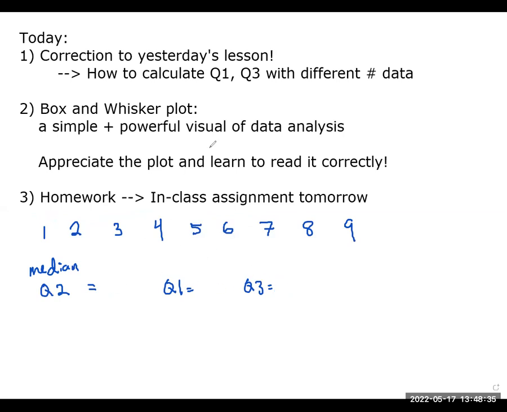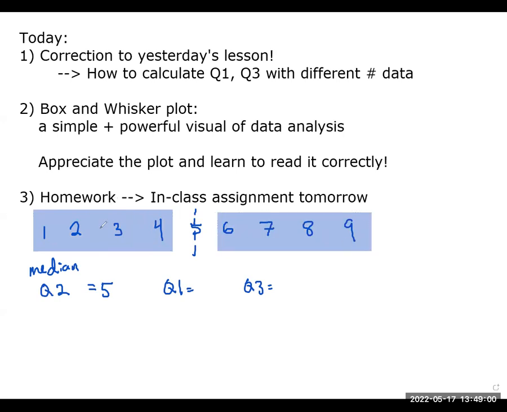Again, what's the median? 5. And what did I say about the median when I divide it into halves? Does it count as part of the numbers? No. So you are going to ignore that dotted line. And now I have 2 separate data sets.